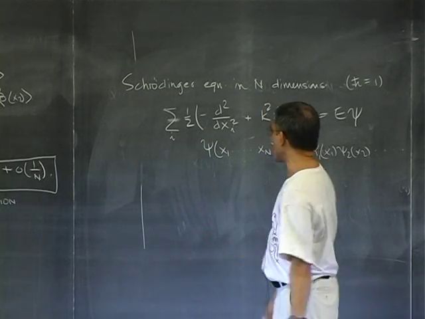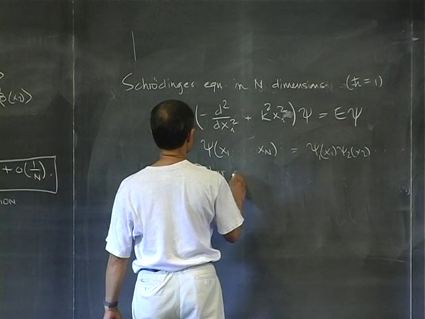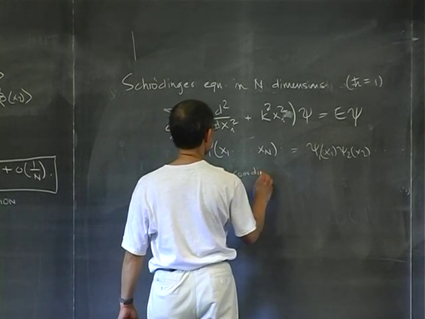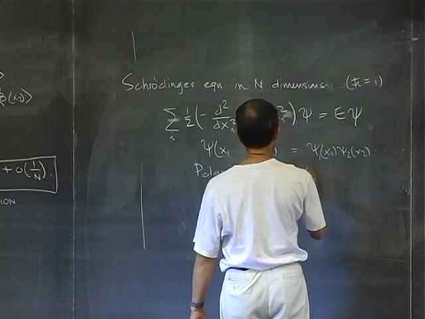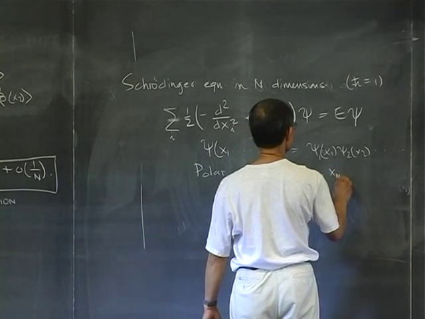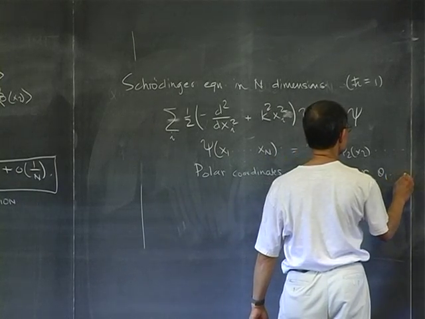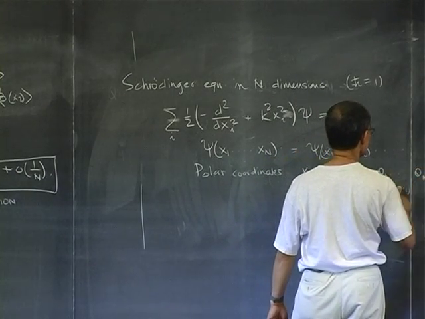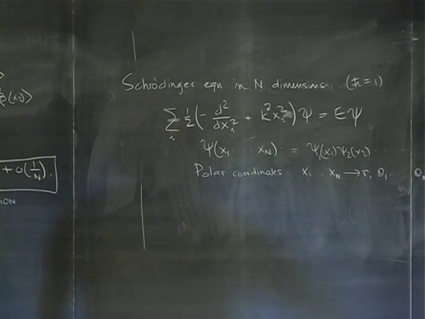That problem also you know how to solve. You go to polar coordinates. That means you go from x1 to xn to r and then n minus 1 angles. Normally we do 3 dimensions, so there are 2 angles. Now there are n minus 1 angles.